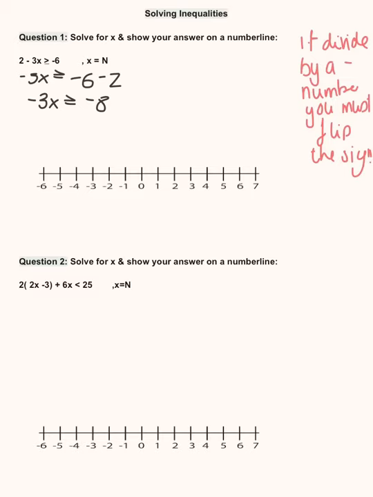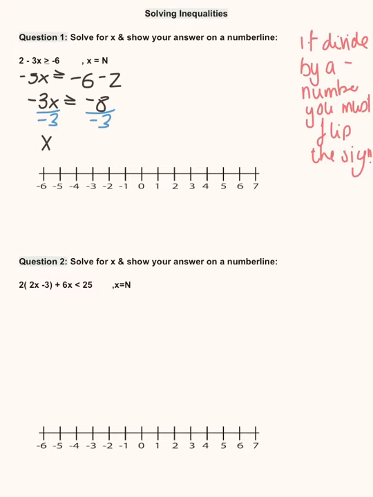Just like in a linear equation, we now divide down by the coefficient of x, which is here minus 3. And this is what I mean by dividing down by a minus number. Here we're dividing both sides by minus 3, which is going to give me x is less than or equal to.